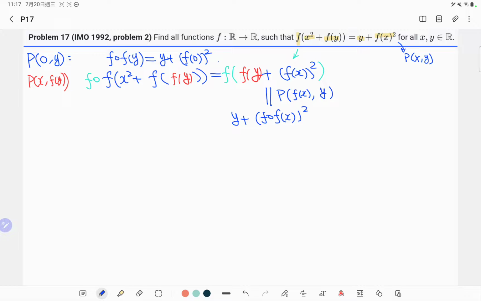Let's call this one equation 1. Here we can apply equation 1 and replace y by x.